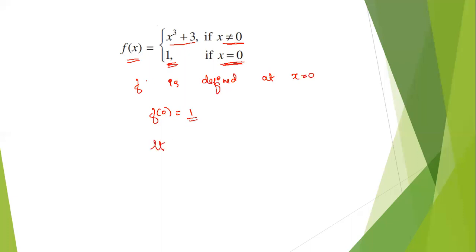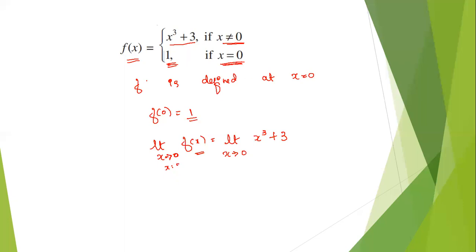So now limit find out ಮಾಡುವಾಗ ಎಂತ ಸಿಗ್ತದೆ ನಮಗೆ? ಲಿಮಿಟ್ x tends to 0, f of x, it's given x cube plus 3, correct? ಈಗ ನೀವು ಕೇಳ್ಬಹುದು ಇಲ್ಲಿ ನಾನು ಯಾಕೆ 0 ಹಾಕ್ಲಿಲ್ಲ ಅಂತ. ಇದು x is tending to 0, ಇದು x is equal to 0 ಅಲ್ಲ, x close ಇರುವಾಗ 0ಗೆ.